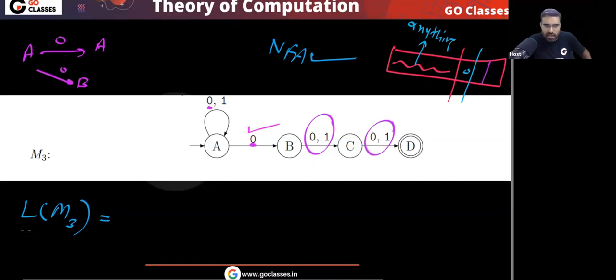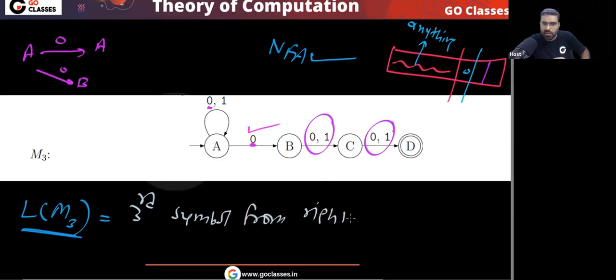So can you notice this M3? That is, the third symbol from right is 0. Did you understand the language? The language is third symbol from right is 0.